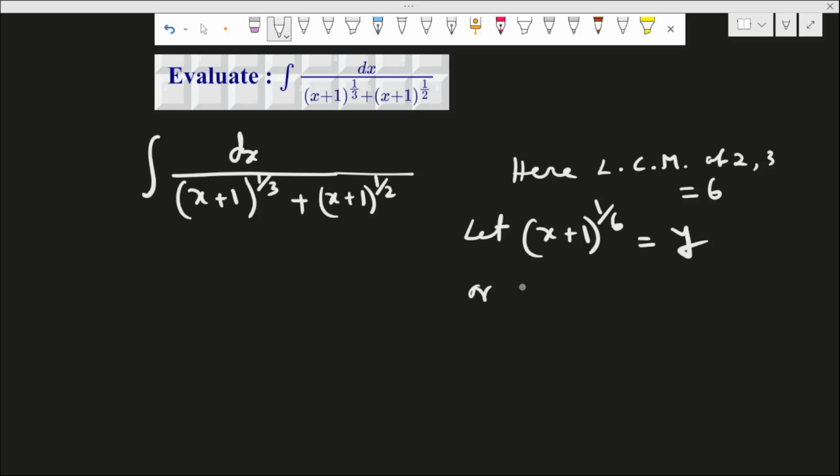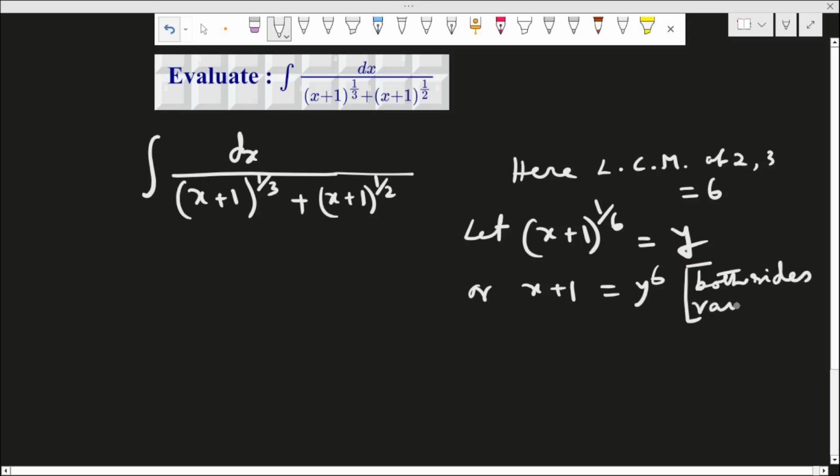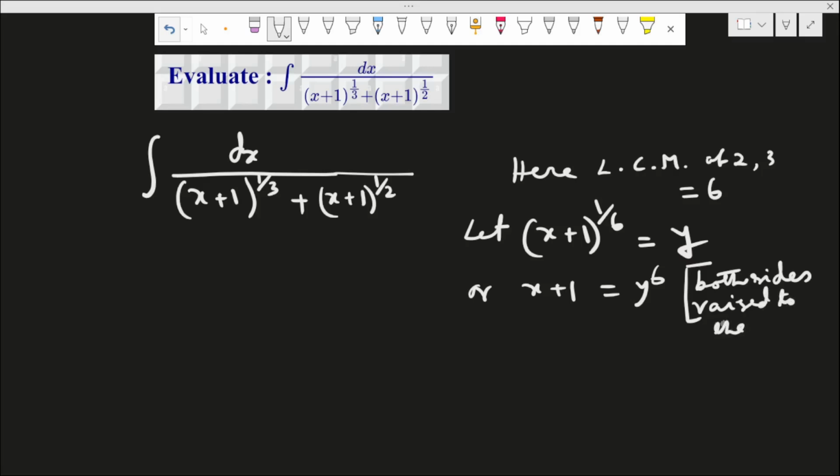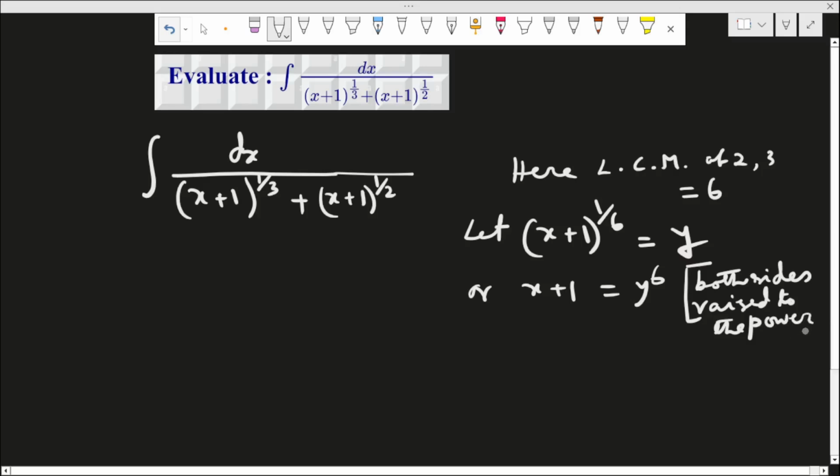So x + 1 is equal to y to the power 6, by raising both sides to the power 6.